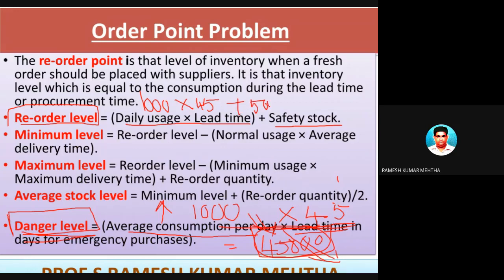I want to keep 5,000 extra stock on the safe side. So 50,000 is the level: the quantity of raw material in the stock room is 50,000. At this point you have to order. This is called the ordering point. And then you have minimum level, maximum level, and average stock level. These formulas you can remember and use in your examination.